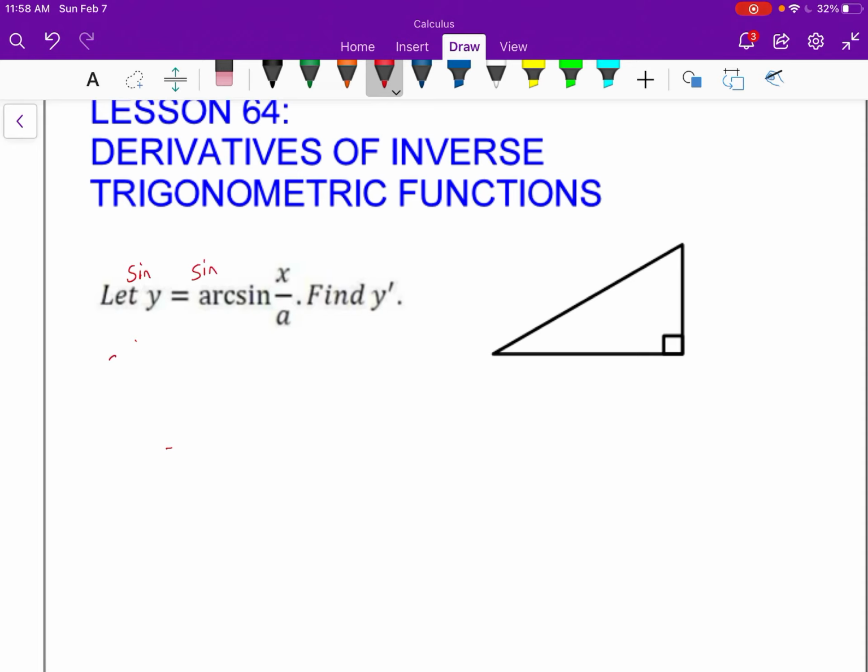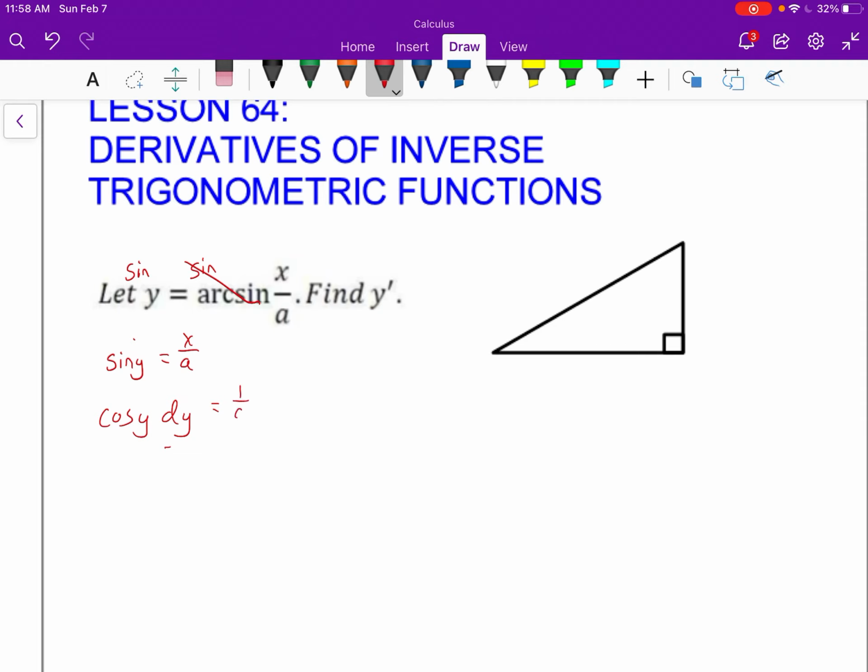And when we take the sine of both sides, we get sine of y equals, these two cancel, equals x over a. And we can differentiate that. This is going to be cosine y dy equals 1 over a dx.